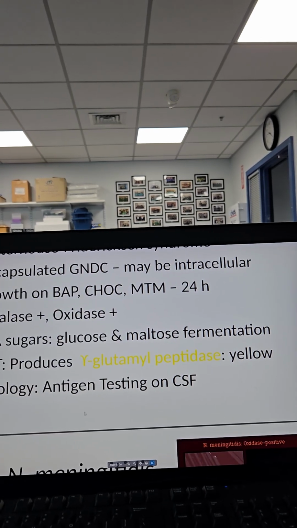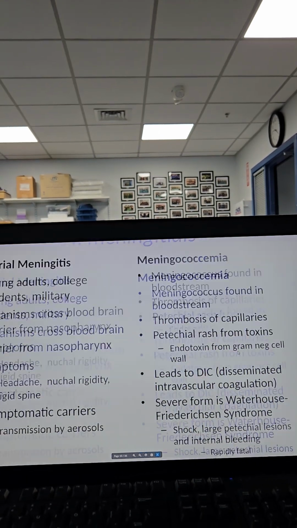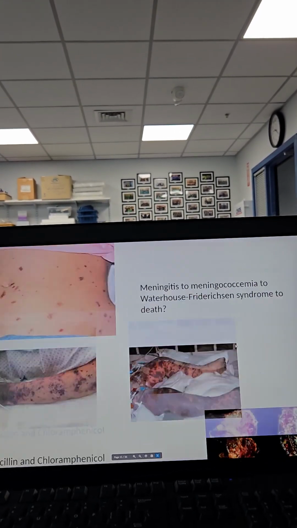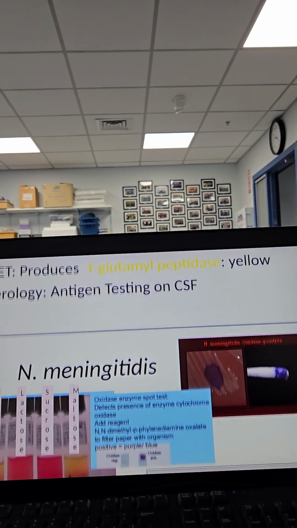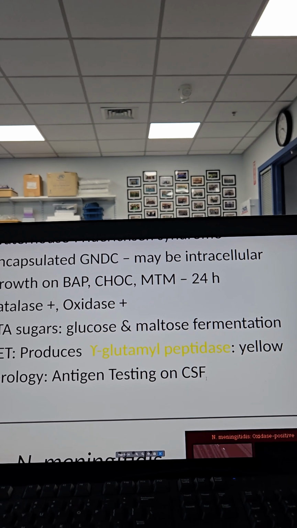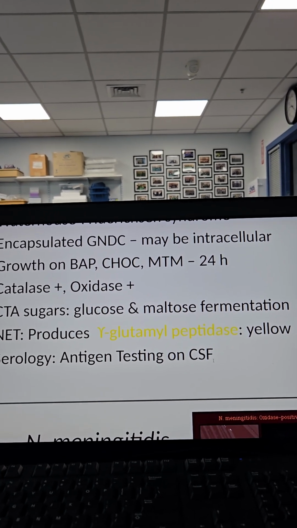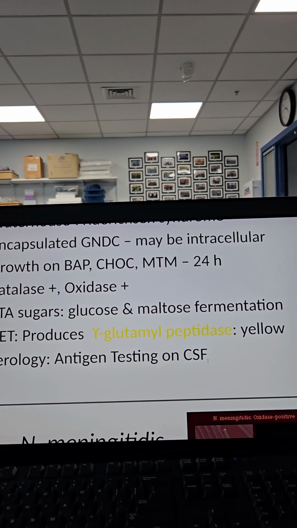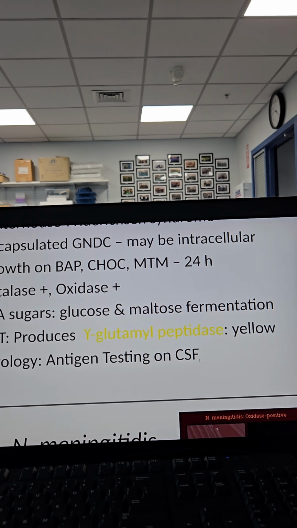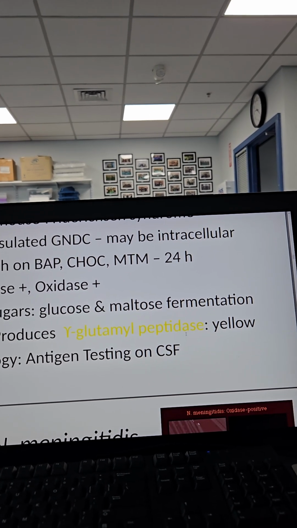So, we can do some serology testing. I'm looking to see if I still have it on here. It's on the other PowerPoint. Okay. Serology testing. So, for cerebrospinal fluids, we can do rapid antigen testing to find out if it's one of the 6 most common bacteria that can cause meningitis.